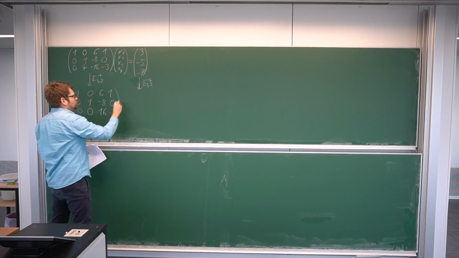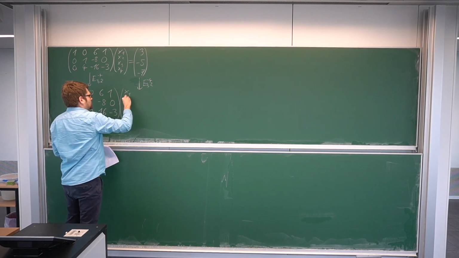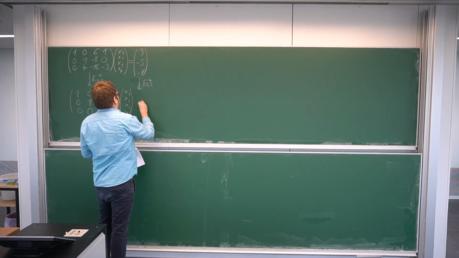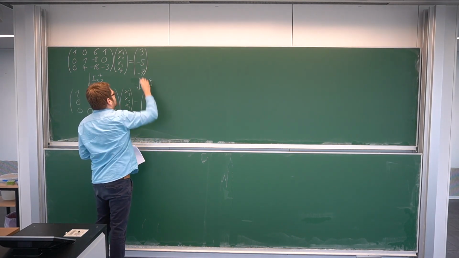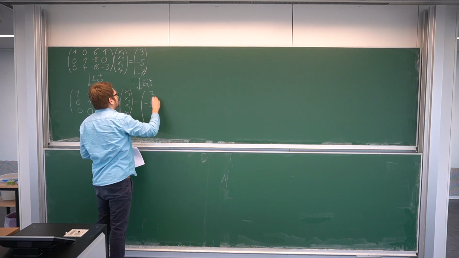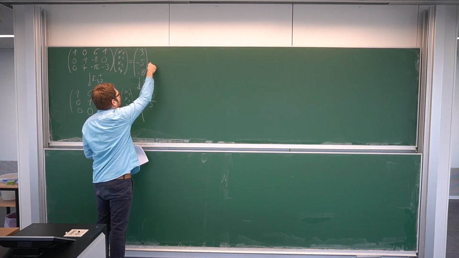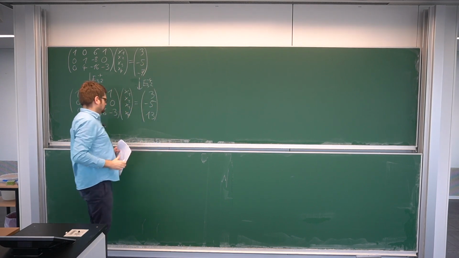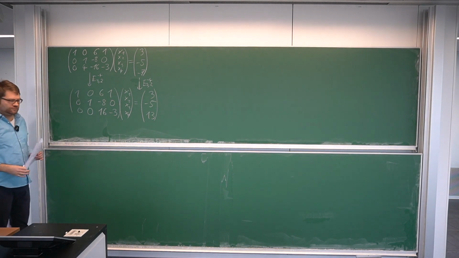So we get this one times x1, x2, x3, x4. This must be equal to, and now here we have to do the same thing, so 3 and minus 5, and now we take minus 4 times this row, which is minus 4 times minus 5 gives plus 20, minus 7 gives 13. Okay, this is in row echelon form.